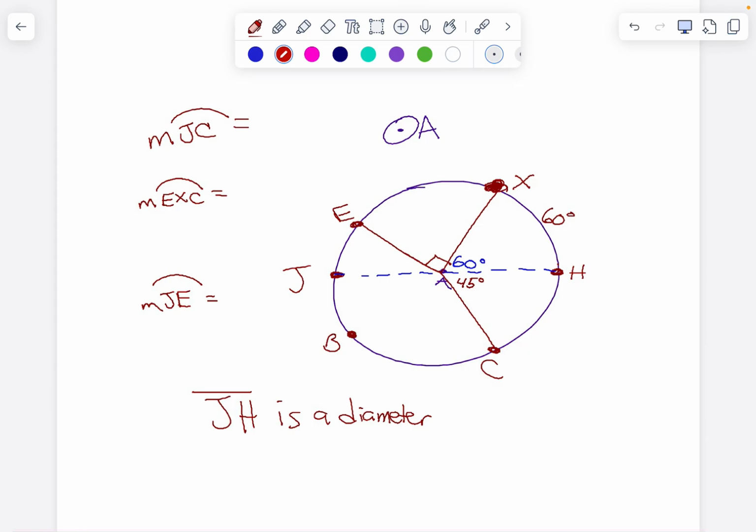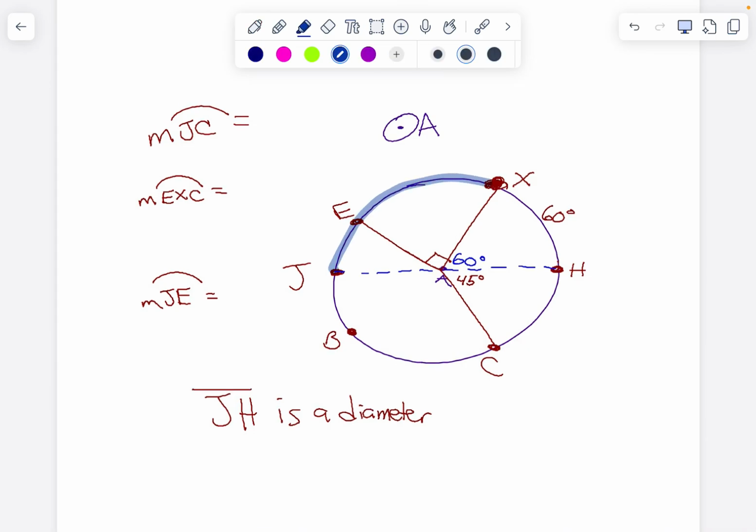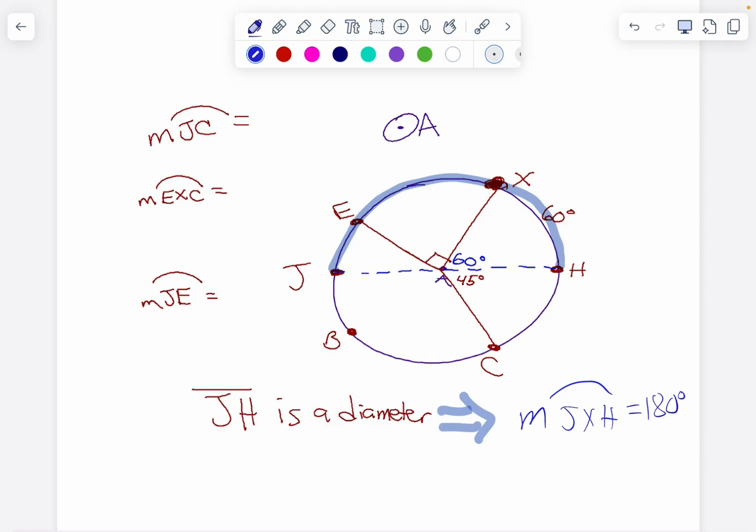It says JH is a diameter down there at the bottom. So what is the measure of arc JXH? It's not one that I listed, but that's an implication of this that you do need to know. Measure of arc JXH is 180, good job. So half the overall arc.